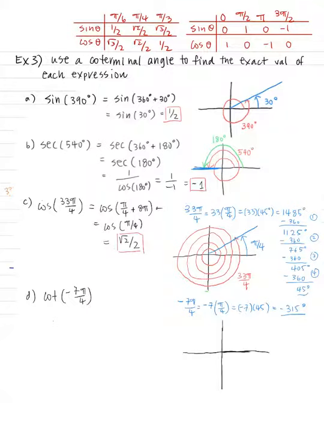So where would that be? Definitely we're going to have to go negative 180, negative 270. And from negative 270 plus what's going to give us negative 315? Another negative 45 degrees. All right, so it looks like our terminal side is going to be here.